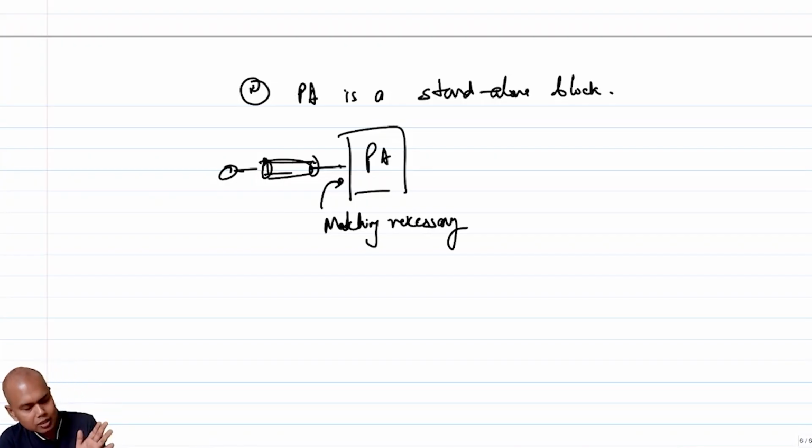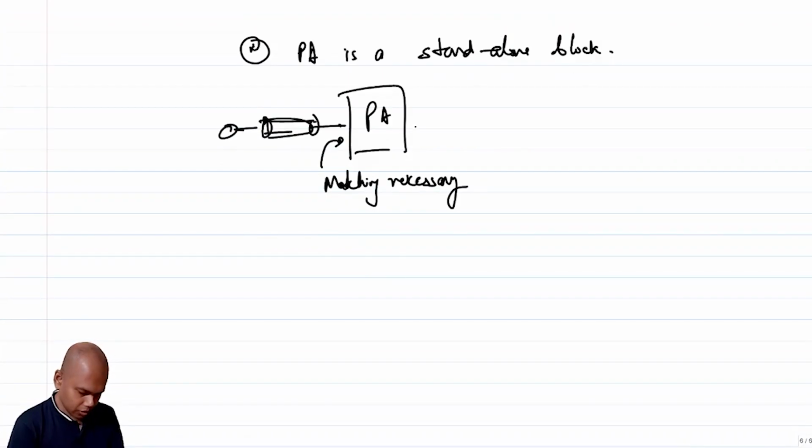So in those cases, obviously you are going to have a separate PA block. As it turns out, in most of the cell phones that we use, most of the PAs are separate PA blocks, and they are placed close to the antenna. Hence this power added efficiency metric also becomes important, right? Okay, so there is an antenna here, so I should write that the antenna is close by.